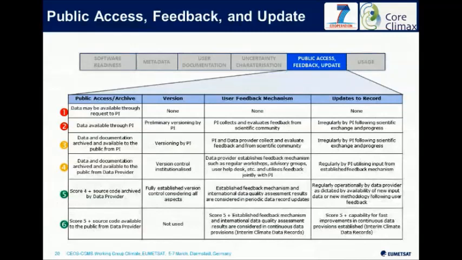The next category is public access and archive. The first column checks whether it is available easily, and the next checks whether version control is established, so the user can really follow what has changed in different versions of the data sets.